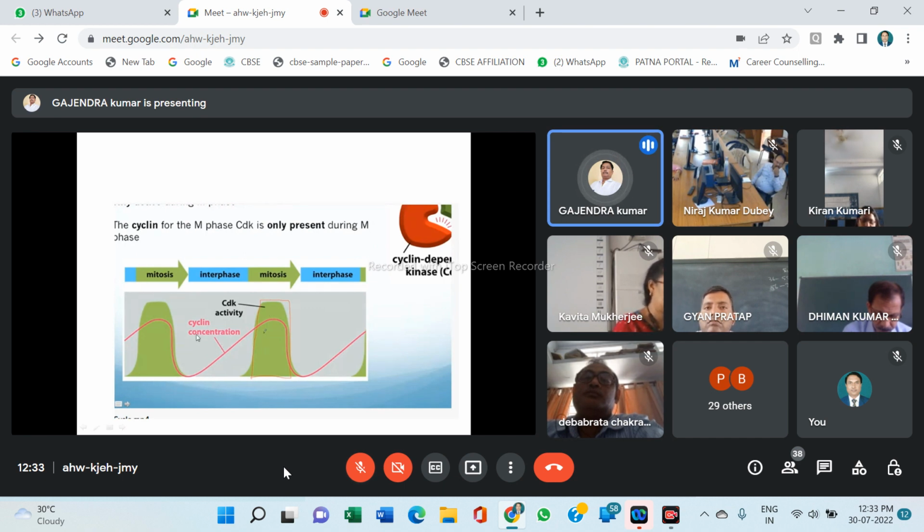When the cyclin concentration is high, what is going to happen? CDK activity is observed, meaning cyclin dependent kinase activity is marked. That we will also be explaining before the students.